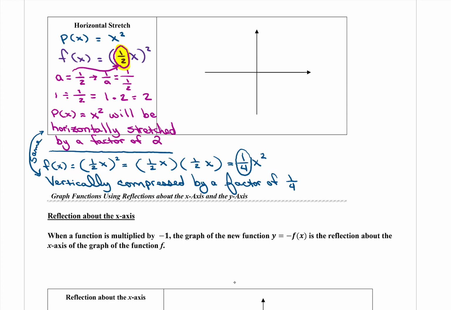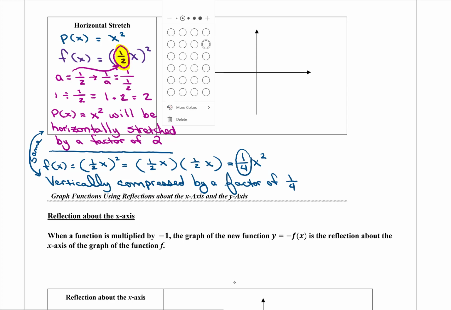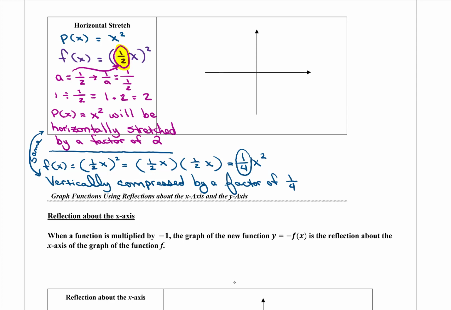Okay, these are the same, right? When you say something is being horizontally stretched by a factor of 2, or whether you say it's being vertically compressed by a factor of 1/4, it means the same thing.